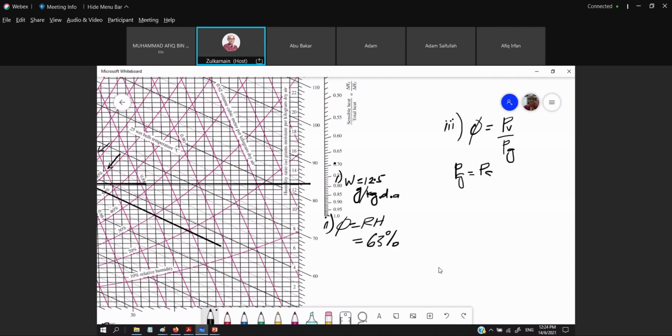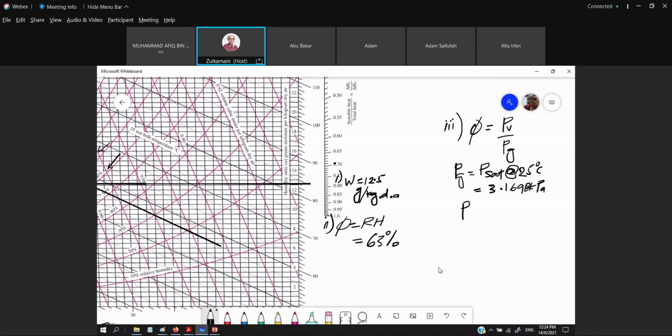P sat at 25 degrees C, and from the steam table we could get this as 3.1698 kPa. Okay, and once we have the PG, then we get the PV.